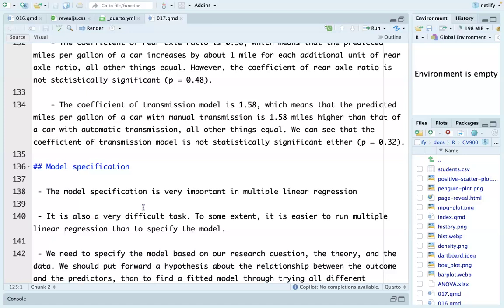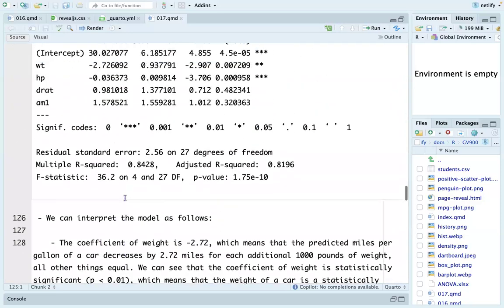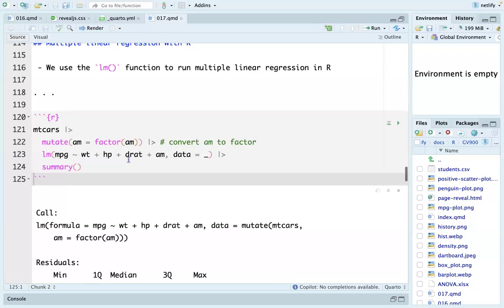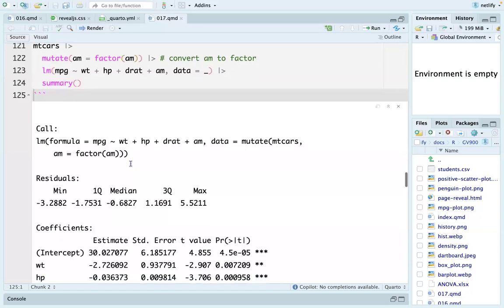Okay, the model specification. First, we just briefly explain this issue, because in the model, which variables should be included and which should not be included? We have to use our theory, use our knowledge about the question we are trying to answer.